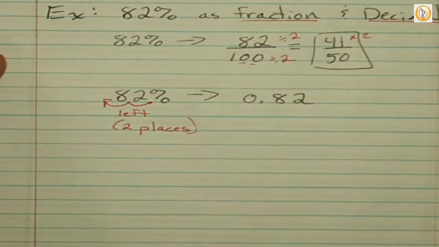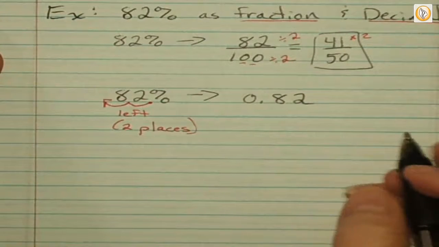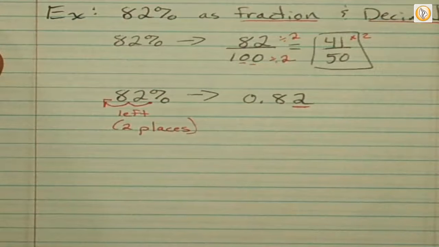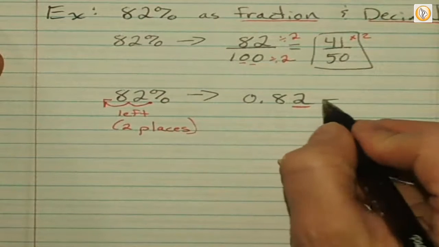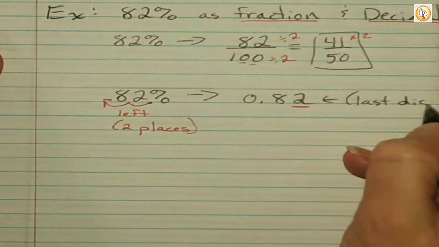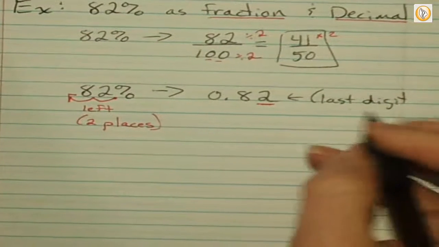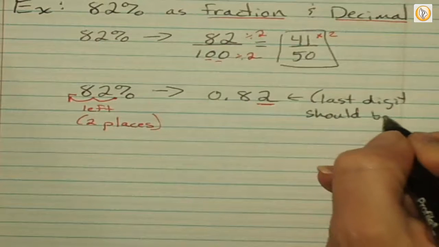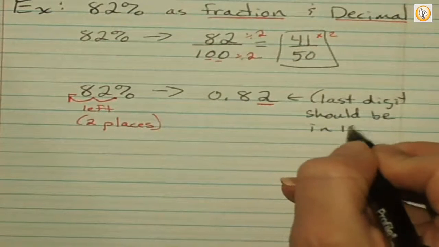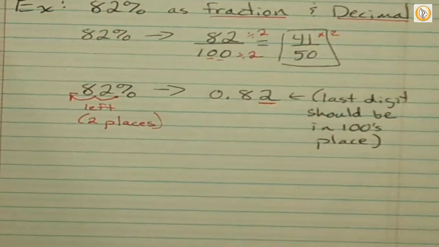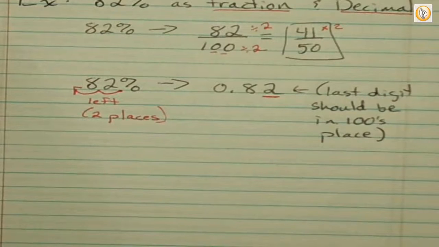All right, this is good. Seeing this better already? All right, so this place is in what? The hundreds place. So the last digit should be in the hundreds place.